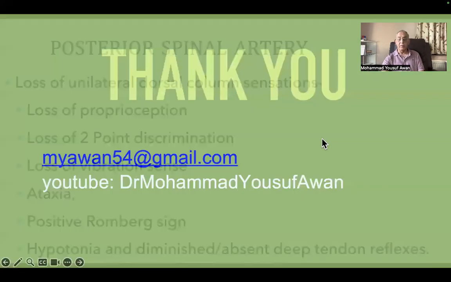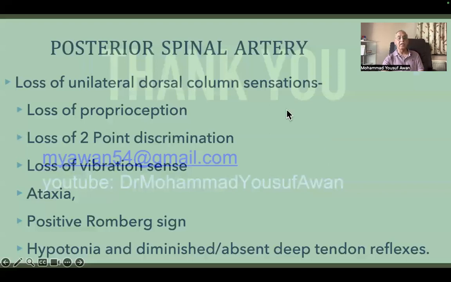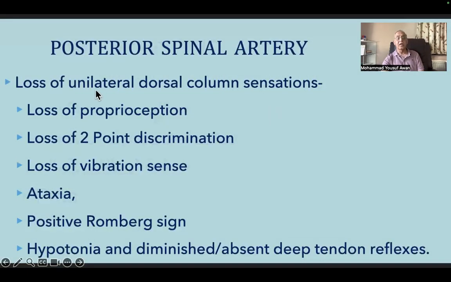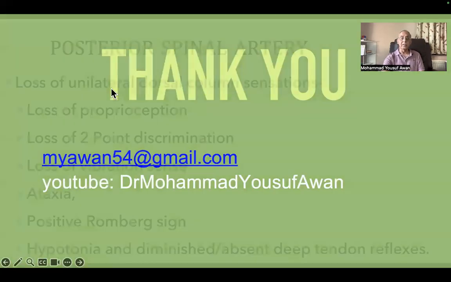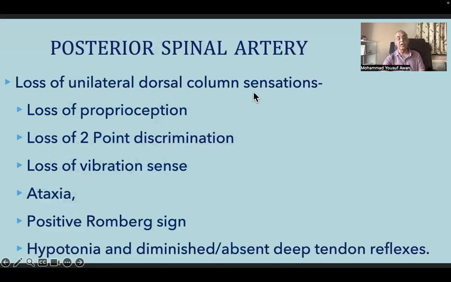And the posterior spinal artery lesion will result in unilateral dorsal column sensory loss, loss of two-point discrimination, and loss of vibration sense. And ataxia, this all will result in ataxia, with a positive Romberg sign.